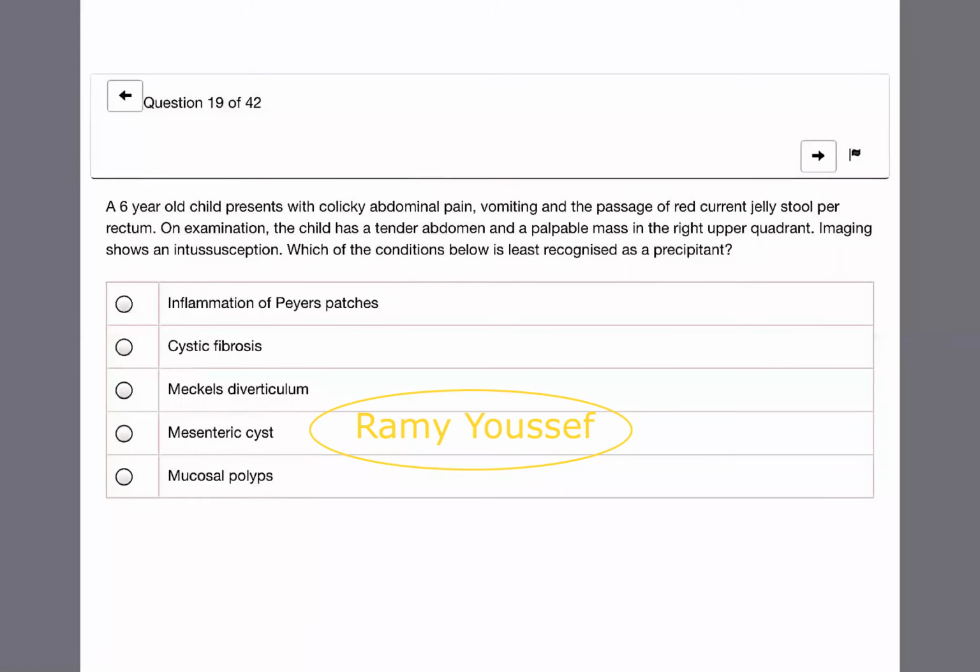Any cause of intussusception will be something of the wall protruding from the wall, from outside or from inside or through the wall. Peyer's patch, cystic fibrosis, Meckel's, and mucosal polyp are all lesions attached to the wall of the intestine, so they will cause it. But a mesenteric cyst is away, outside the wall. It may cause compression or obstruction, but will never cause intussusception.